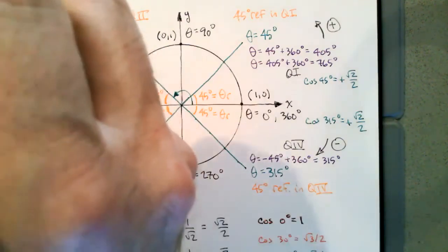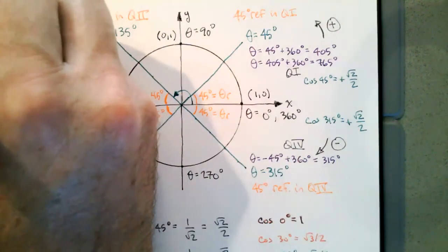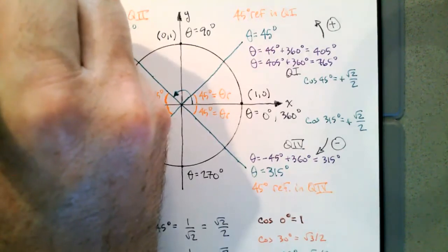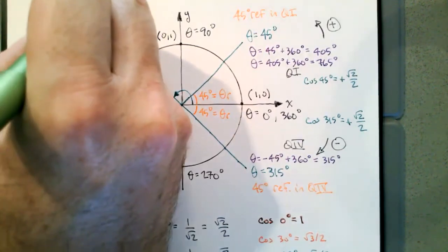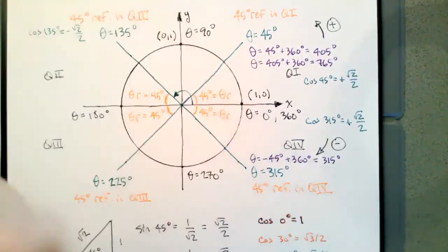So the cosine of 135 is going to be negative root 2 over 2. Negative because 135 terminates in quadrant 2 where cosine is negative. Root 2 over 2 because cosine of the 45-degree reference angle is root 2 over 2.